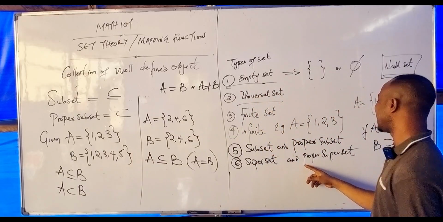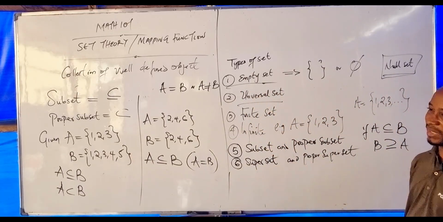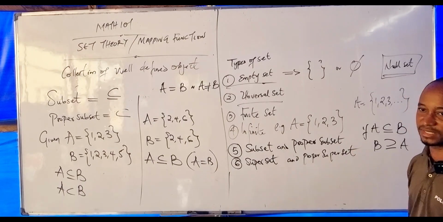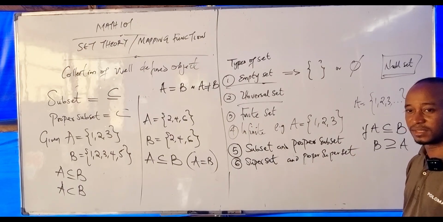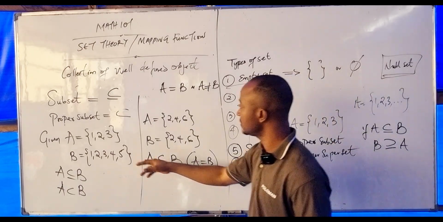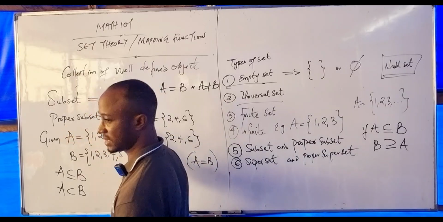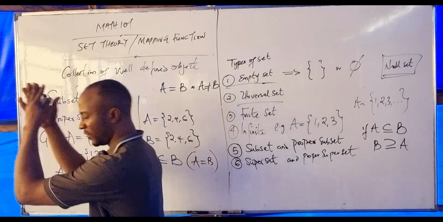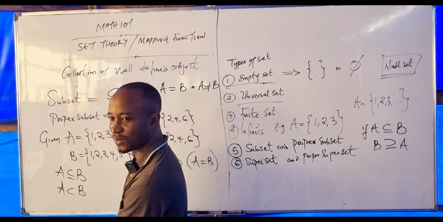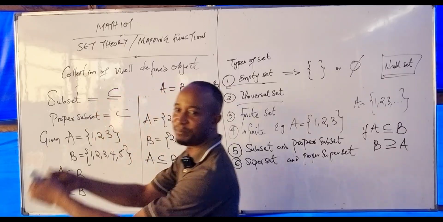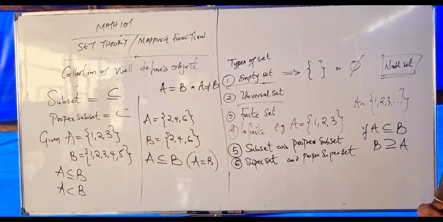Now, likewise under proper superset: if A is a proper subset of B, that implies that B is a proper superset of A. Please write it down.